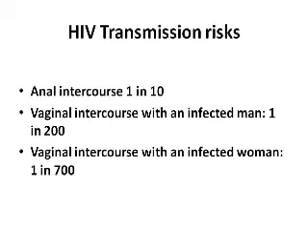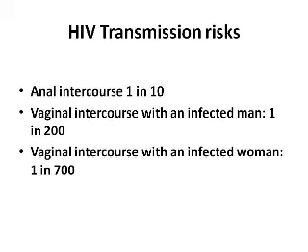In anal intercourse, there is a 1 in 10 probability of being infected with the virus. In vaginal intercourse with an infected man, there is a 1 in 200 chance. And in vaginal intercourse with an infected woman, there is a 1 in 700 chance.